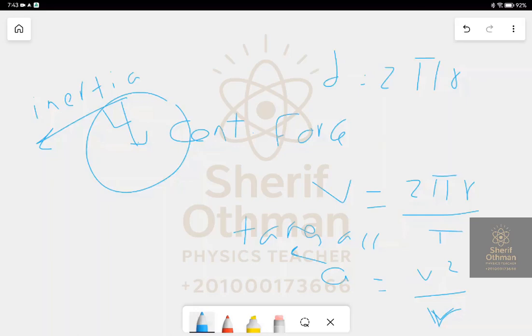And the centripetal force F is equal to ma, so it will be mv squared over r.